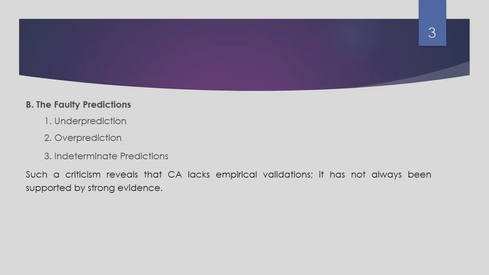The predictive power of contrastive analysis and the status of language transfer as the sole or a unique source of learners' errors were criticized. Contrastive analysis was shown to under-predict, firstly, and sometimes to over-predict, and sometimes to make indeterminate predictions. Let's take the case of under-prediction.